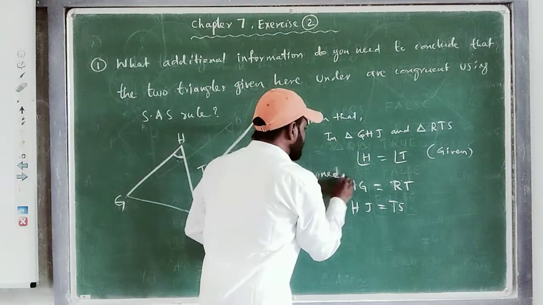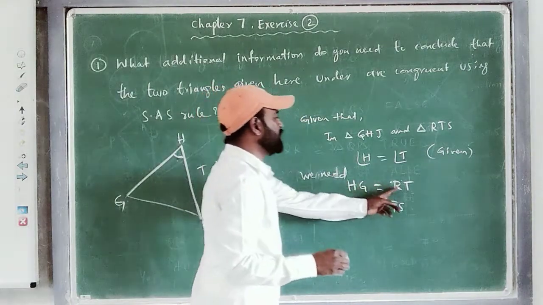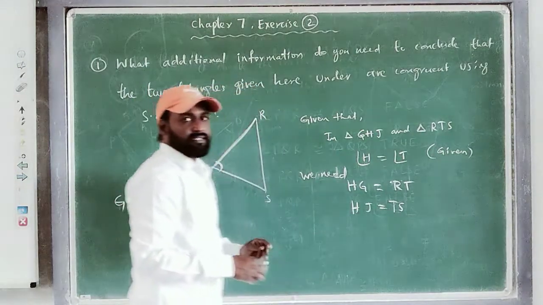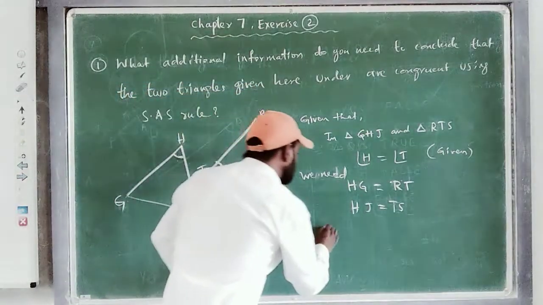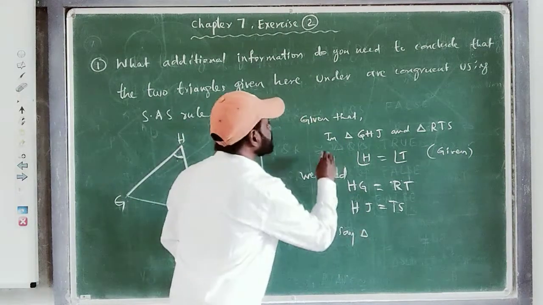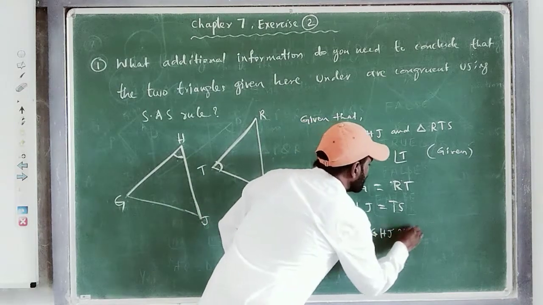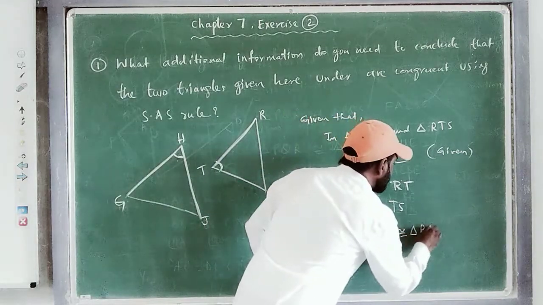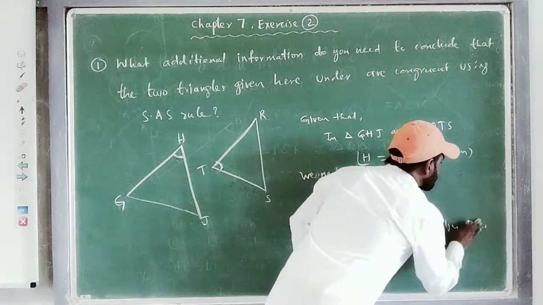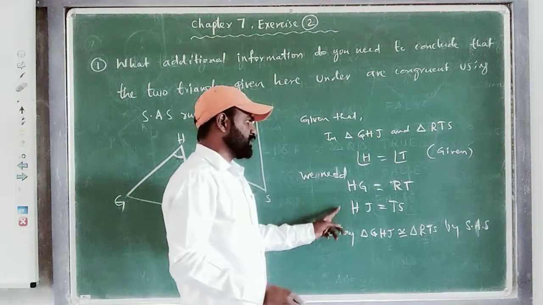We need the two corresponding sides, HG should be equal to RT and HJ should be equal to TS. Then only we can say triangle GHJ is congruent to triangle RTS by SAS.